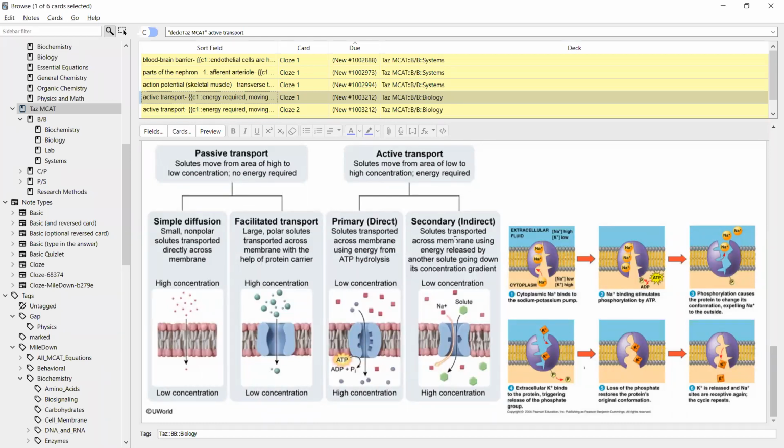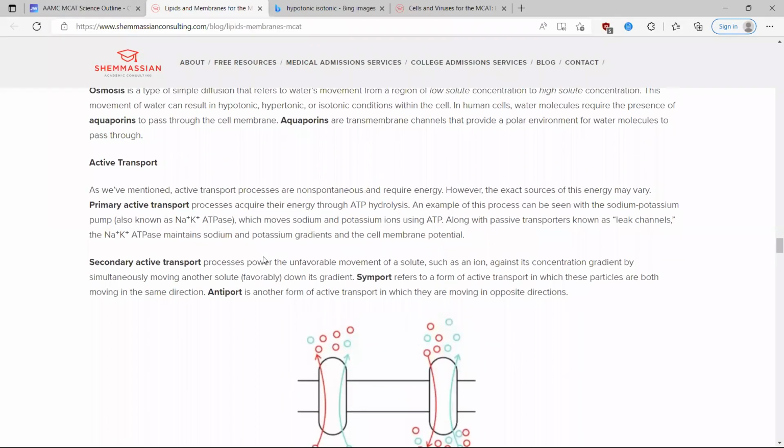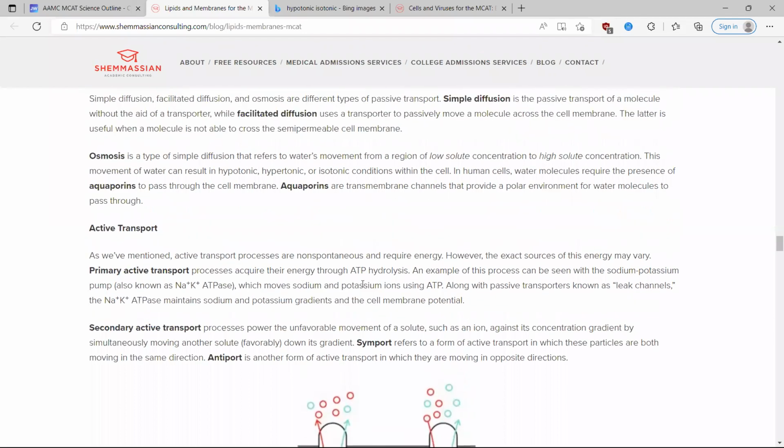Secondary means that it's actually interesting. The primary transport is like the sodium potassium pump, right? Where we move sodium and potassium using the ATP.